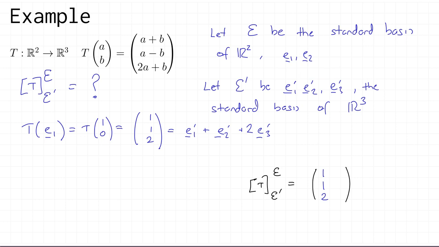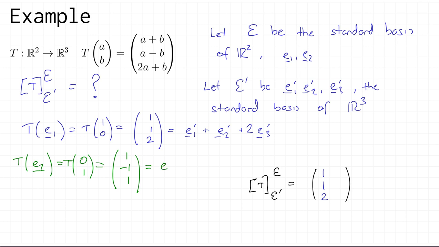So to get the next column, let's do it in a different color. T of E2, that's T of (0, 1), which is 1 and then minus 1 and then 1, like this, if my arithmetic's working today. 2 times 0 plus 1, that looks right to me. Okay, again, it's easy to express this in terms of our final basis.